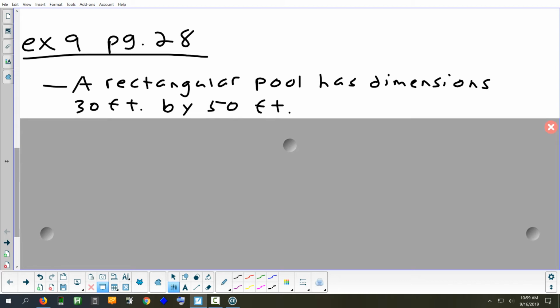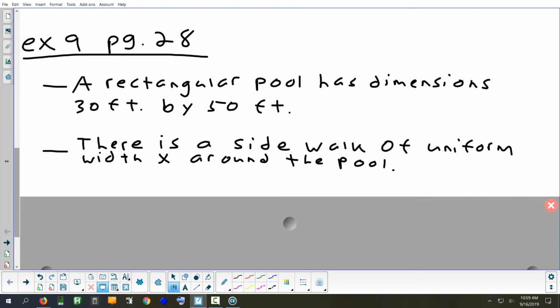All right, so let's look at this problem. So this problem says that we have a rectangular pool, and the dimensions of the pool are 30 by 50 feet. We're going to put a sidewalk around the pool, and the sidewalk is going to be the same width all the way around. Okay, I don't know what the width is going to be, but we'll call it x.